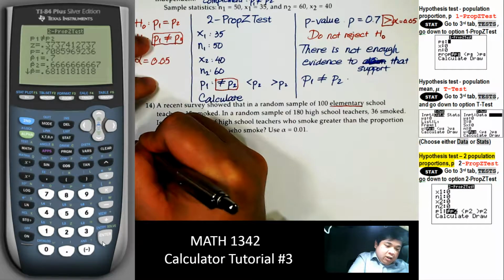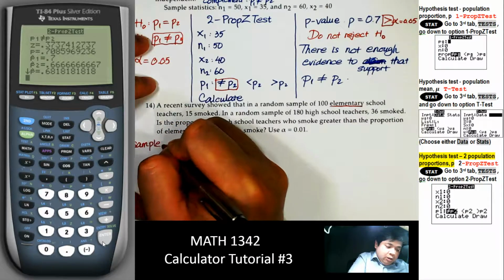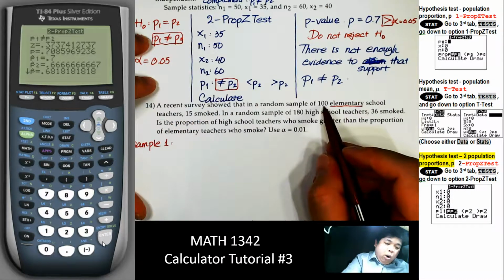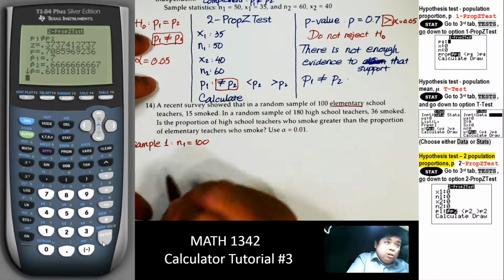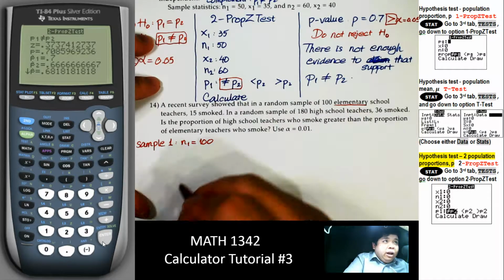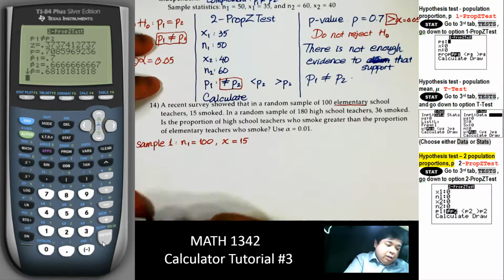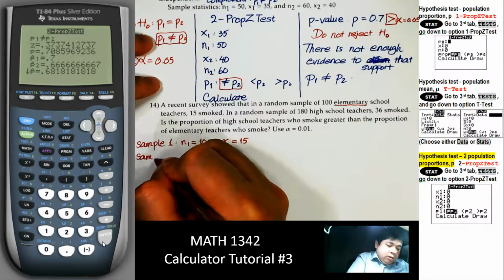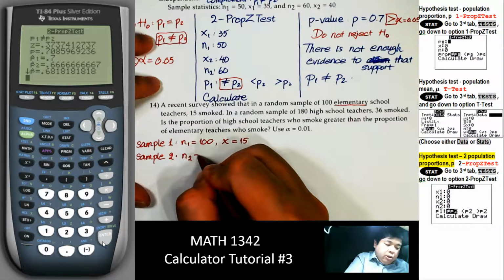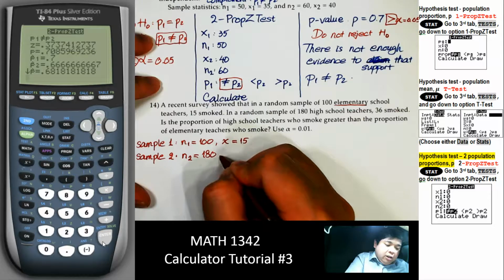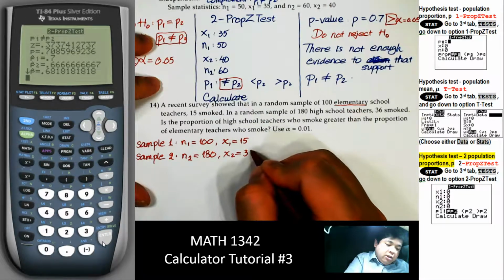So for example, sample 1, n1 is 100, x1 is 15. Sample 2, n2 is 180 and x2 is 36.